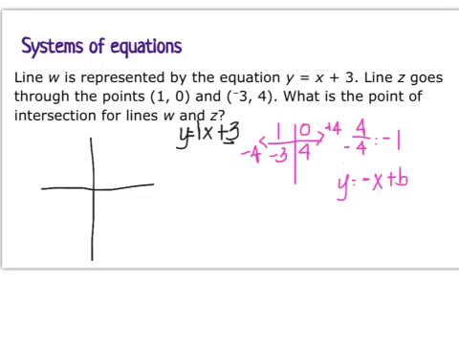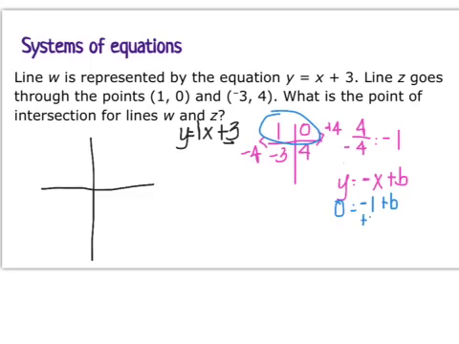In order to find b, I'm going to take one of my points and use that in my equation. I'm going to choose the point (1, 0) because there's no negatives, and that's always easier. So my y value is 0. My x is 1, so it's going to be 0 equals negative 1 plus b.